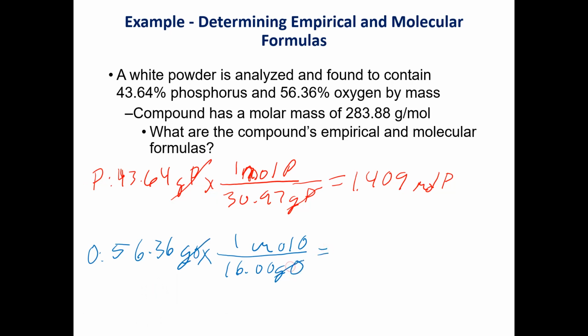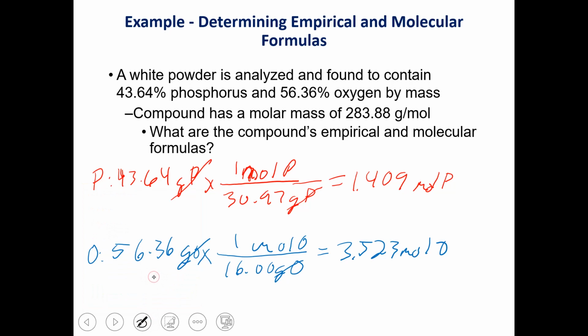So grams of oxygen cancels with grams of oxygen. And 56.36 grams divided by 16 gives us 3.523 moles of oxygen.